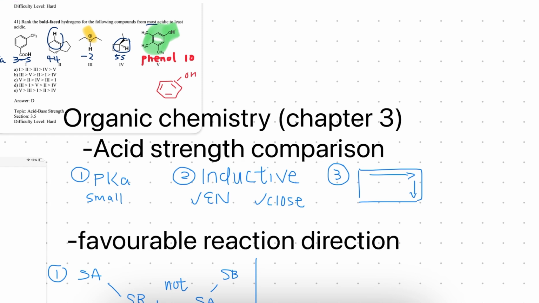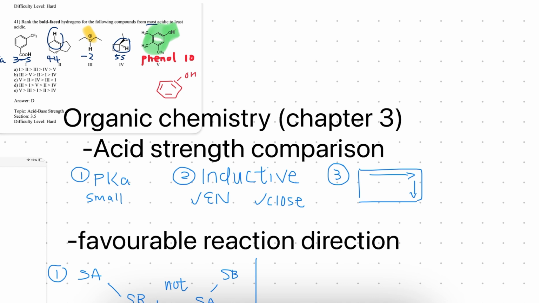There are other ways to compare acid strengths, and it depends on the type of question they give you. Another way, once again depending on the question, is looking at the inductive effect. So they give you a couple of drawn molecules. The molecule with the strongest electronegative atom, such as fluorine, is going to be the stronger acid. And the closer that electronegative halogen is to the H-bearing group, the more acidic.